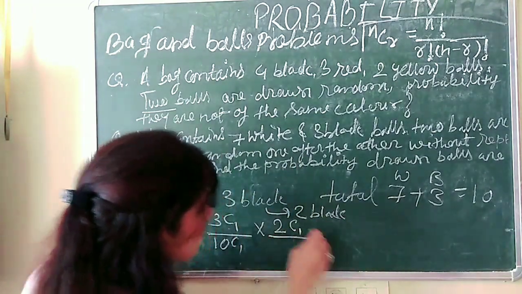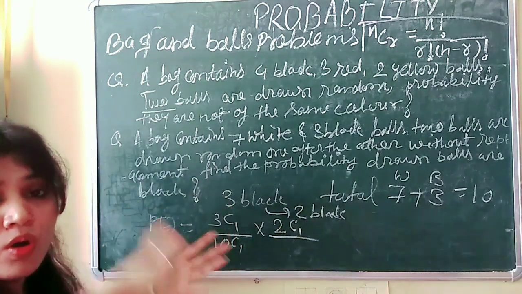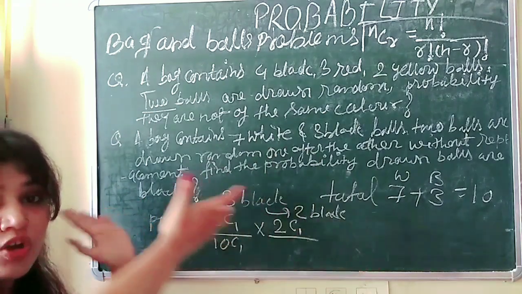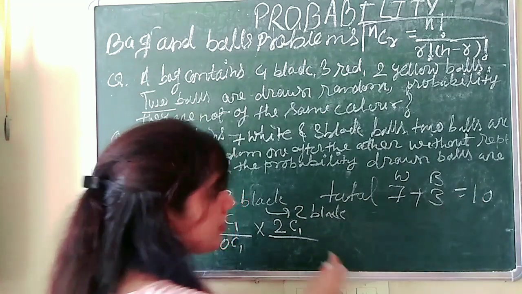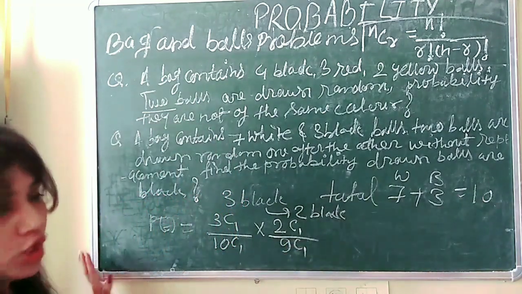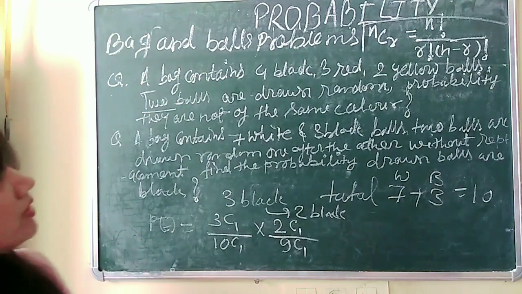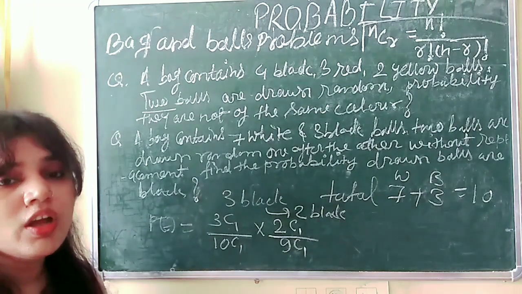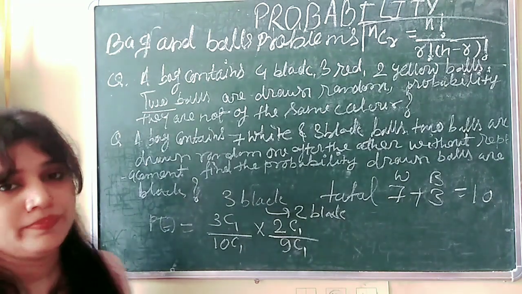And the total number of balls in the bag is now 9, since 1 is already drawn, so the combination will be 9C1. Okay, so we will just solve it and we will get the answer. So these are the 2 types of questions, take a screenshot, and in the next lecture we will solve problems based on cards. Okay, thank you.